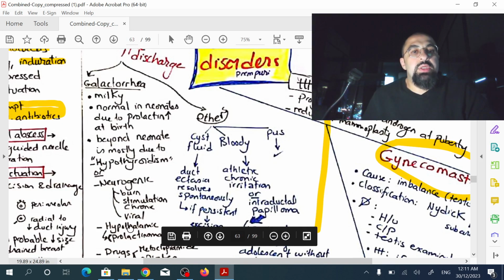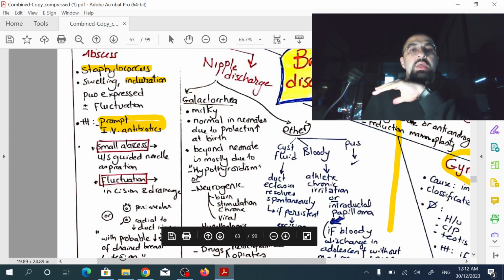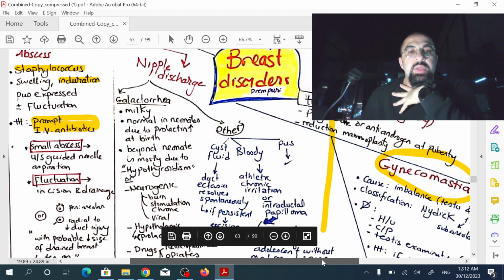So this is concerning neonatal mastitis, which, along with prepubescent gynecomastia, are the two main common problems in the pediatric age group in the breast disorders chapter. Others are nipple discharge.